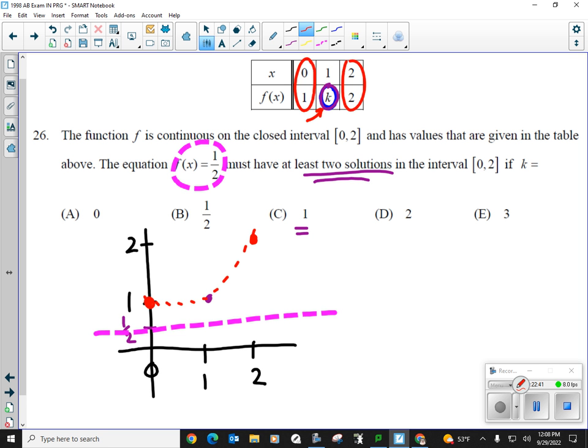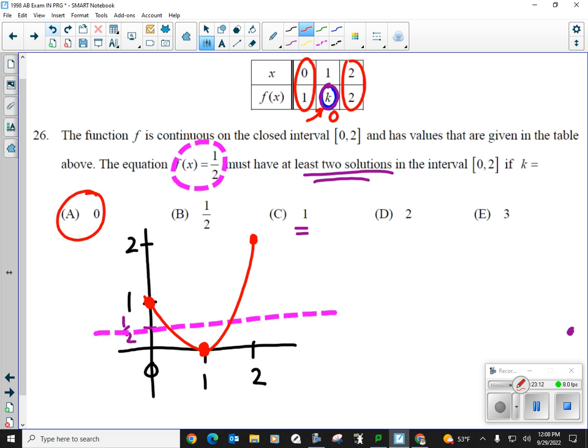Okay? So what I want to do is find a value that goes below 1/2. I want a value that goes below 1/2. The only thing that I see on this list that's below 1/2 is 0. So if this was 0, the point would be right here, which means I have to cross 1/2 at least once to hit here, and then I need to cross 1/2 again to climb all the way up here.